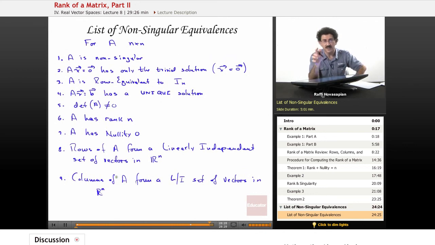So again, we have a matrix. The rows are a set of vectors, and they behave a certain way. They span a space. The dimension of that space is the row rank. The columns of that matrix span a space. The dimension of that subspace is called the column rank. The row rank and the column rank end up being the same, no matter what rectangular array we have.